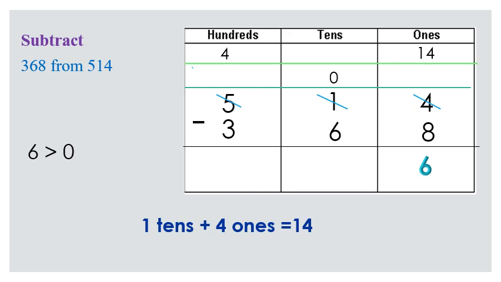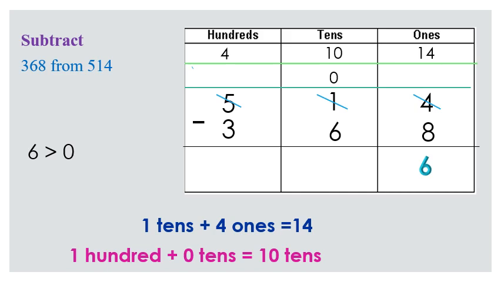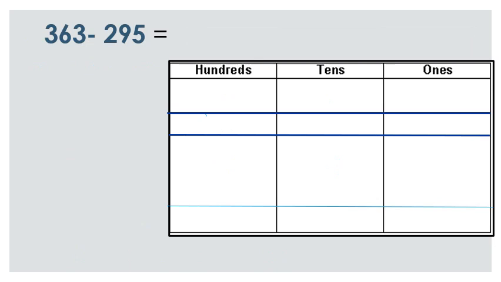And getting 100, the 0 tens become 10 tens because 100 plus 0 tens is equal to 10 tens. Now subtract the tens column. 10 minus 6 is equal to 4. Now subtract the hundreds column. 4 minus 3 is equal to 1. So the answer is 146.